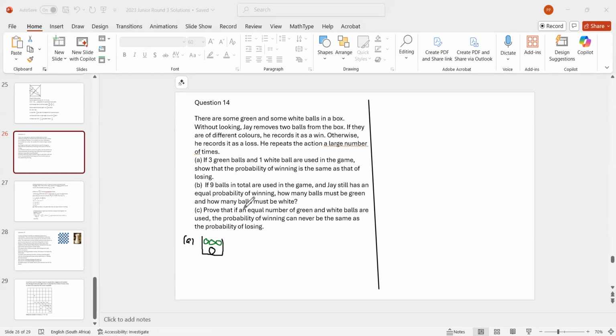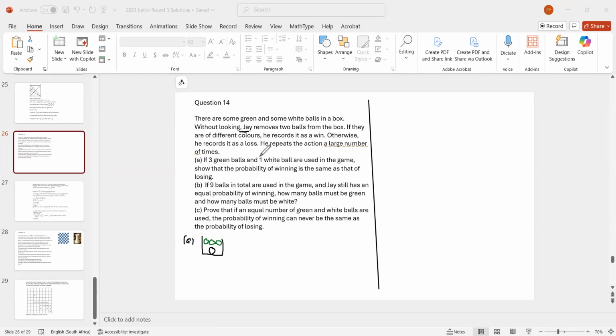All right. Now, what we do is the following. This person called J removes 2 balls from the box without looking. Now, if they are of different colors, he records this as a win.